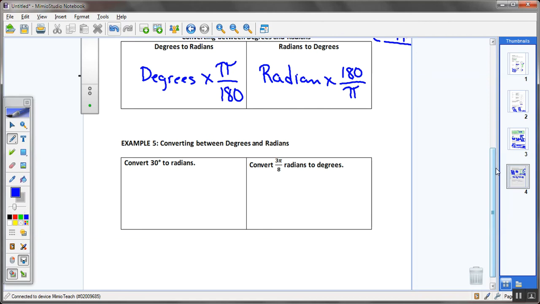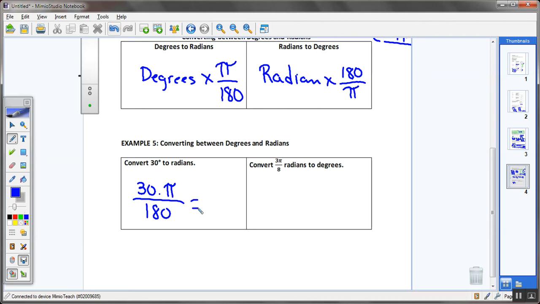This here says convert what, kids? 30 degrees to what? So we have 30 degrees to start with. We're going to take that times pi over 180. So this becomes 30 times pi all over 180. Okay, now think of it this way, kids. Is 30 over 180 able to be simplified? What do you know?